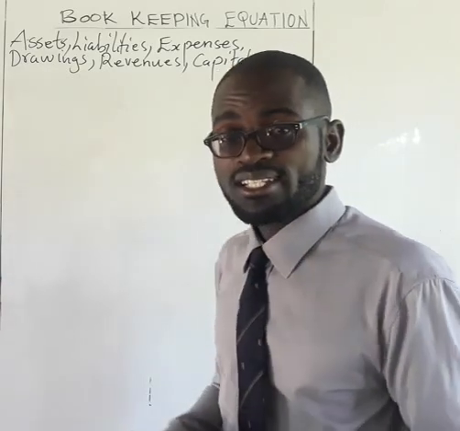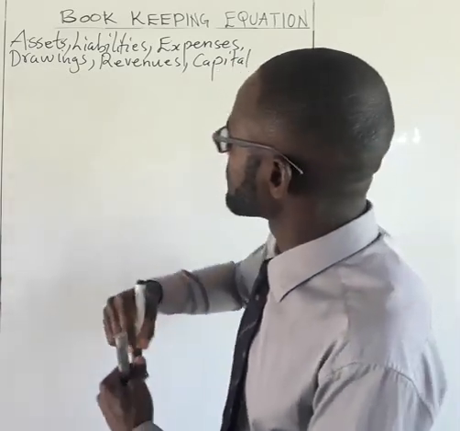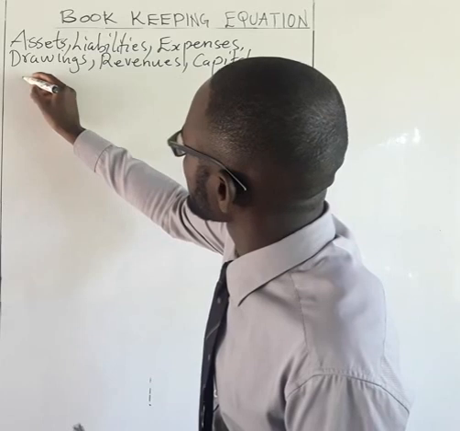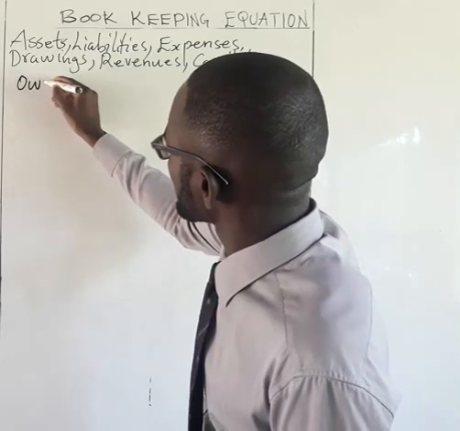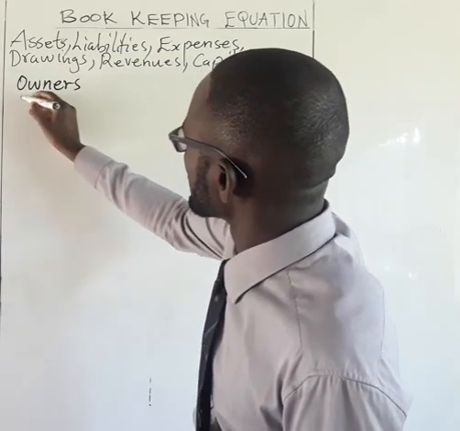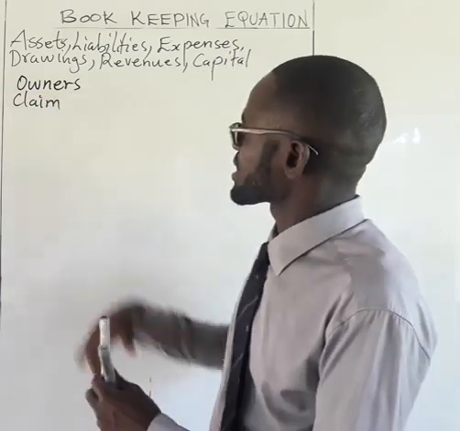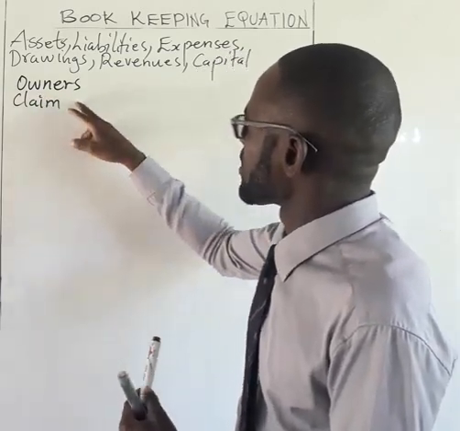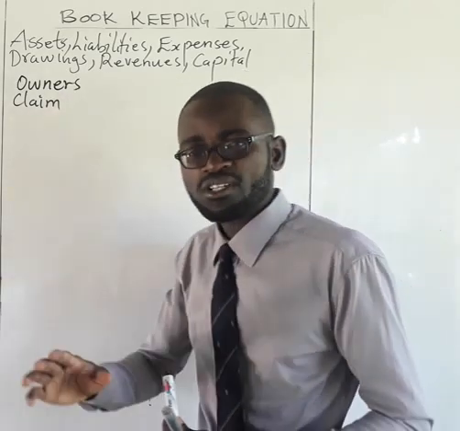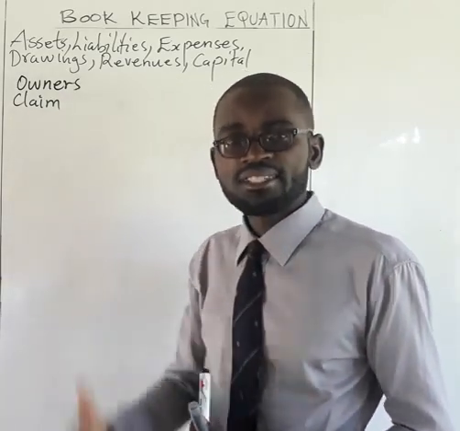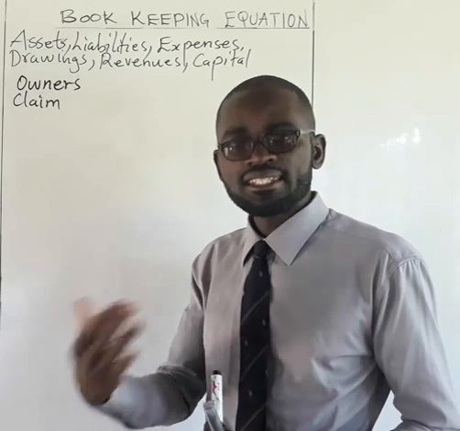In normal cases, the owner of the business has something to do with the owner's claim, the owner's claim to the business. This particular type of finance is what the owner takes from his equity.